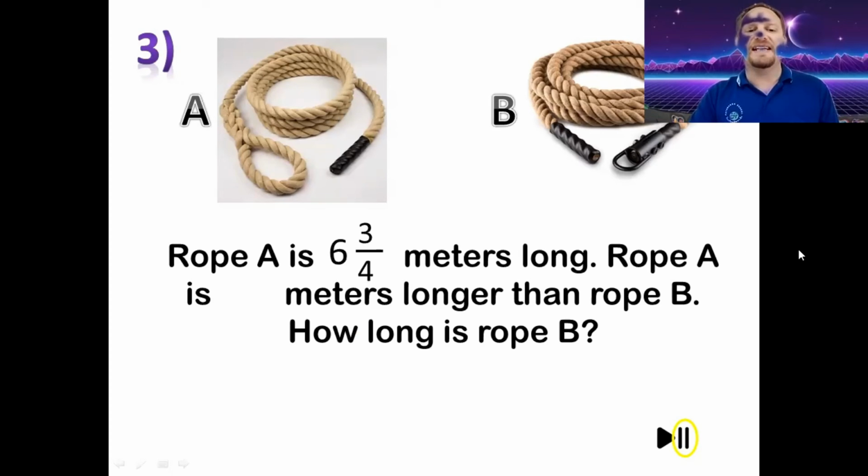Rope A is 2 1/6 meters longer than rope B. How long is rope B? Okay. Your key word would be the word longer. That also means greater than. So the question is telling you that rope A is greater than rope B by 2 1/6. Let's press pause.